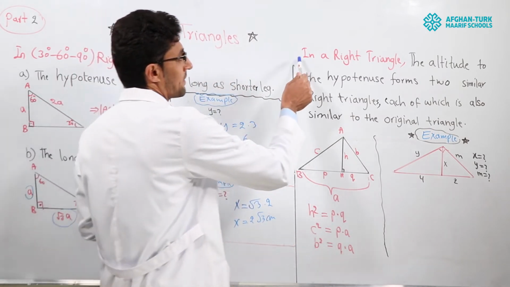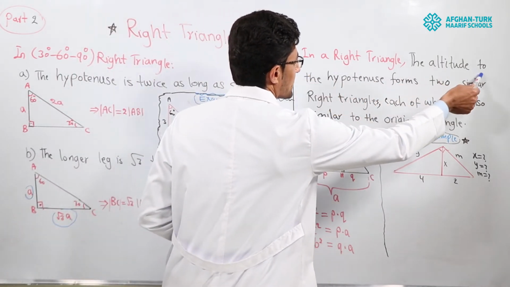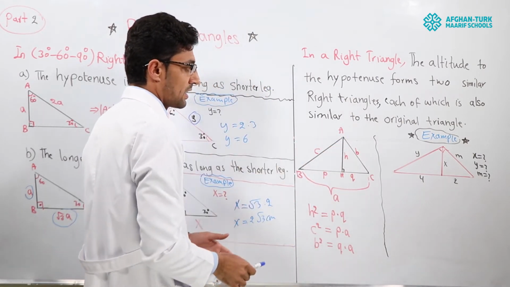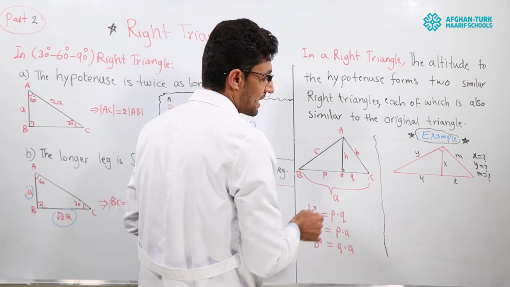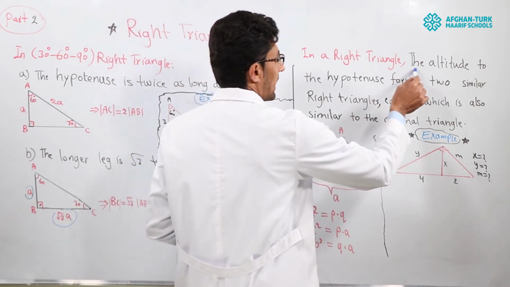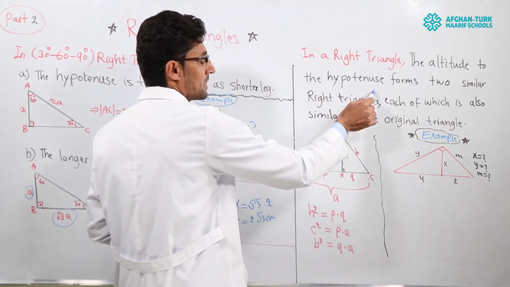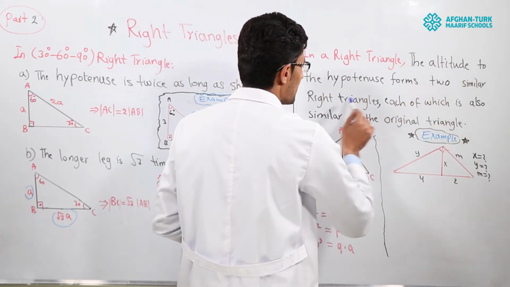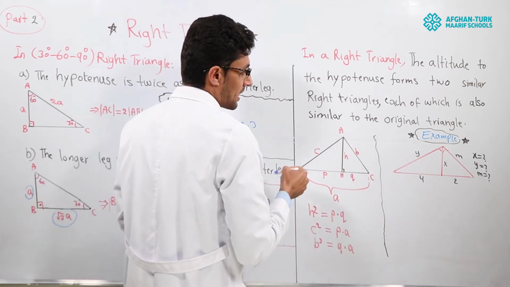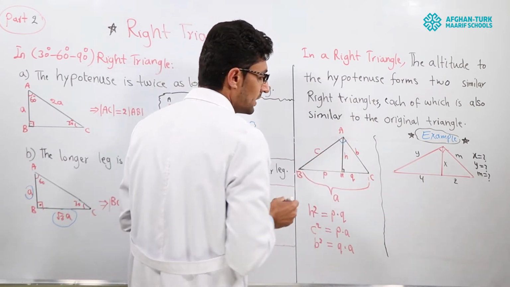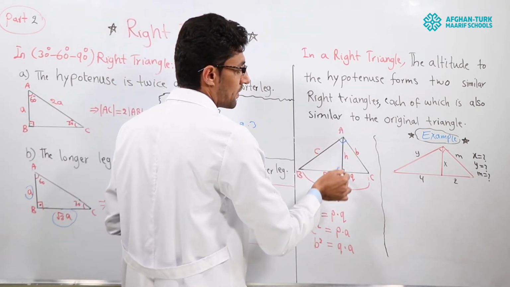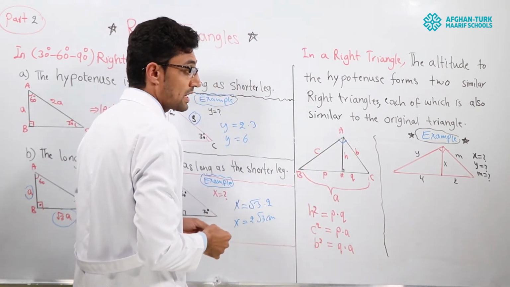And also we can have in a right triangle the altitude, you know altitude, a straight line which has 90 degree to the opposite side. The altitude to the hypotenuse forms 2 similar right triangles. If I pretend that it is a right triangle, and I have the altitude of this triangle, so what happens?